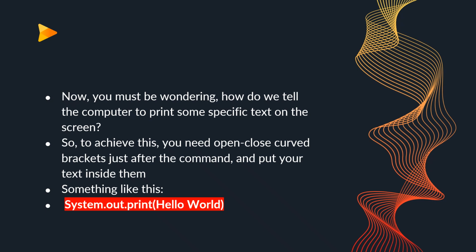So this is our command, and after that we have used brackets, and inside them we have written hello world. But this is not the complete text yet. We have to modify this, and after that we will run it.